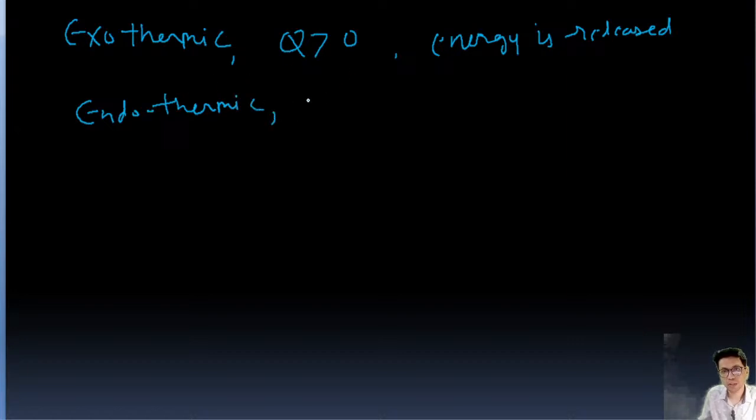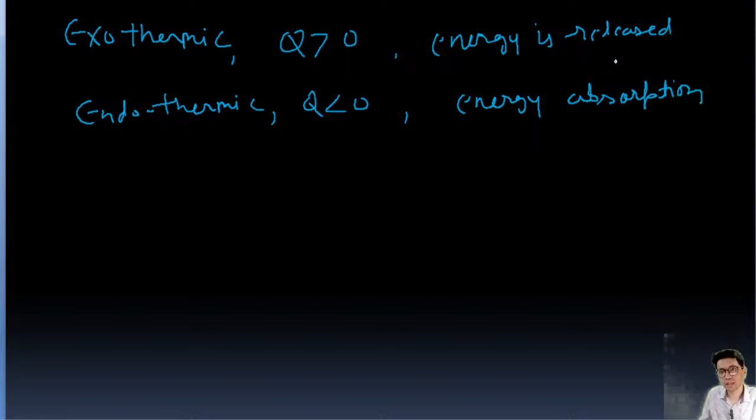In case of an endothermic reaction, Q is less than 0, which means energy absorption. So Q greater than 0 means exothermic reaction, energy is released. If Q less than 0, endothermic reaction, energy is absorbed.